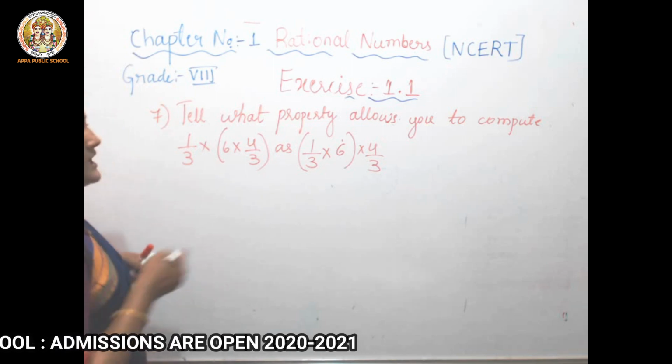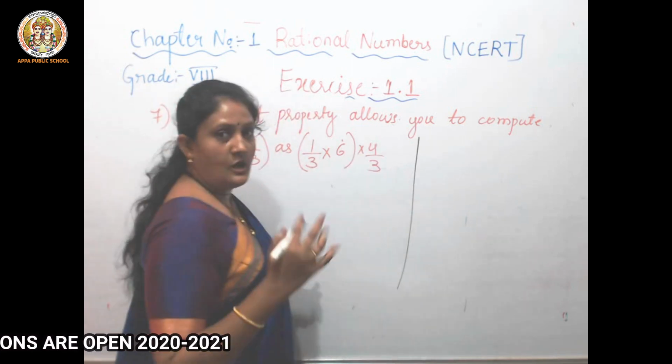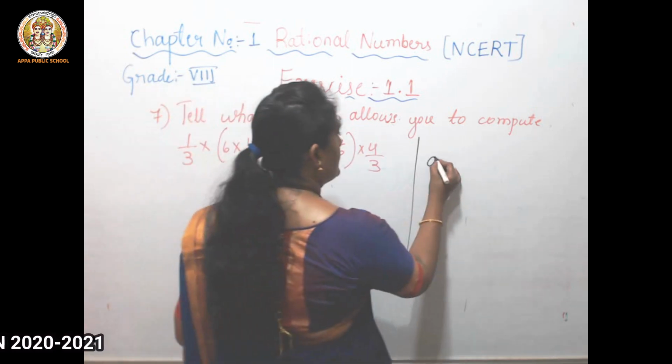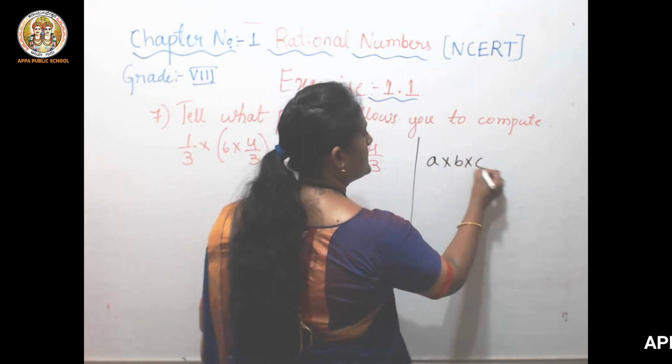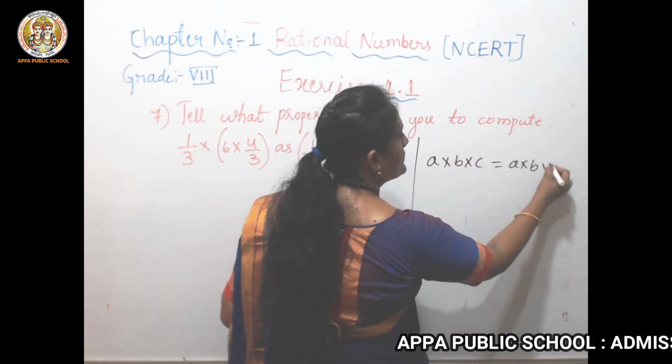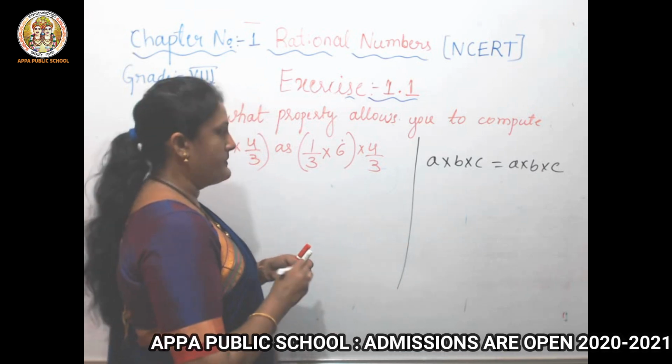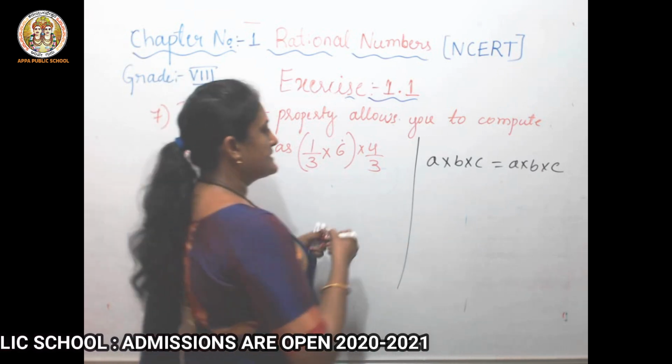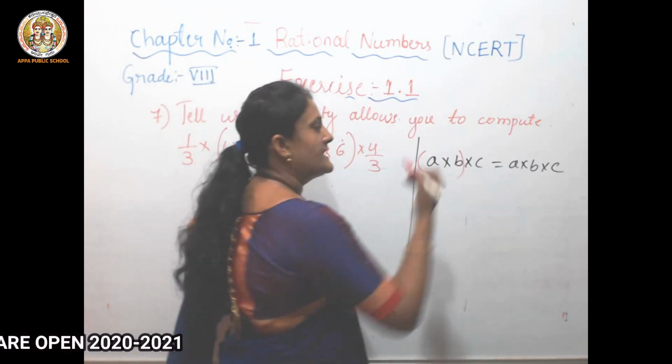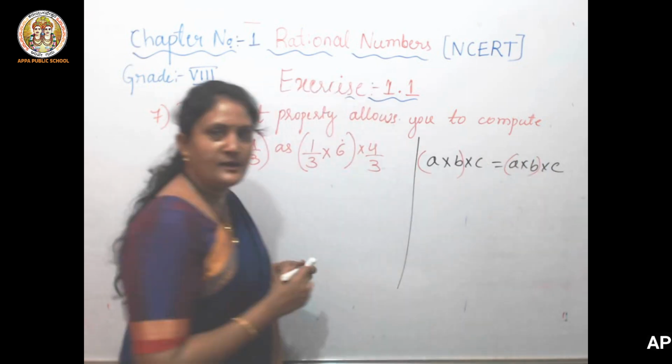Okay. Have you seen, in the concept I said A into B into C is equal to A into B into C, isn't it? Hopefully you remember this. First I will multiply these two, then I will multiply these two, and the result will be the same.